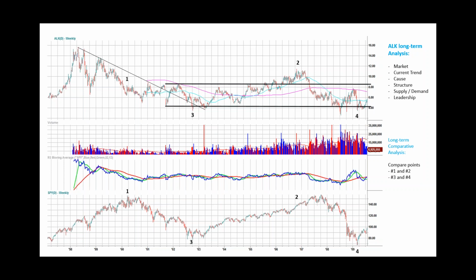I now identify trends. Previously I identified trends and marked them like we've been doing here, but I didn't associate the trends with the supply and demand analysis or the relative strength analysis.